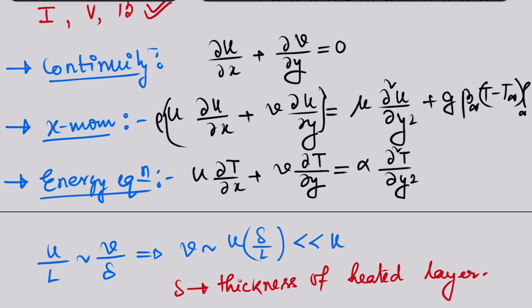Now, if you consider the actual Navier-Stokes equation, the full x momentum equation, it will again have the term like mu into del square u del x square, and the energy equation also will have alpha into this plus del T this, plus all other terms plus the viscous dissipation term.